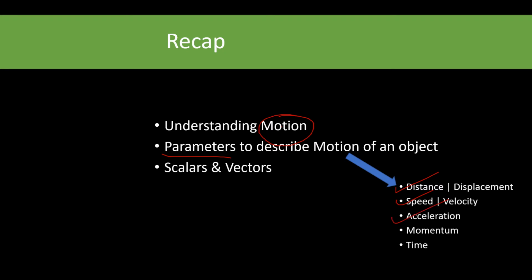We explored acceleration. We also explored what scalars and vectors are, some examples of each, and the difference between them. Scalars have only magnitude, while vectors have magnitude with direction as well.